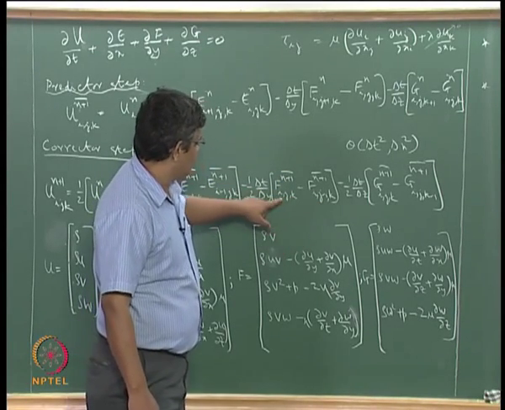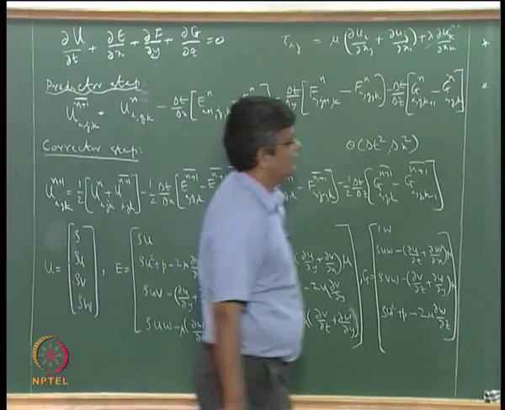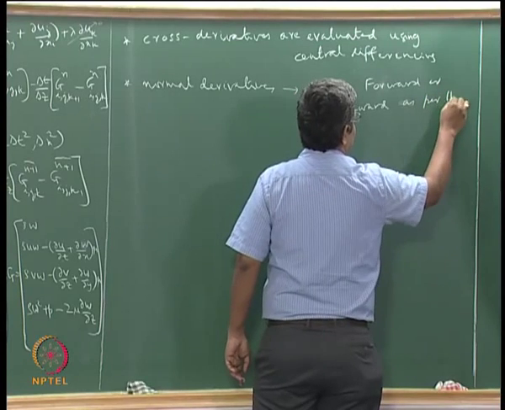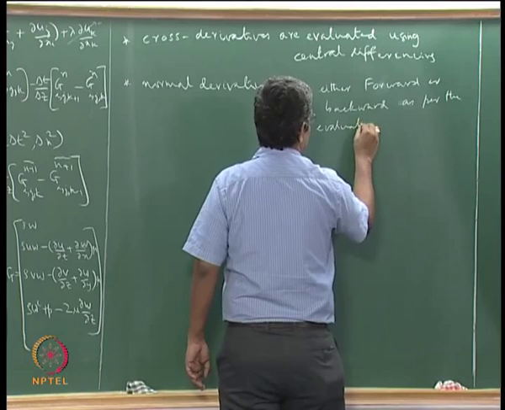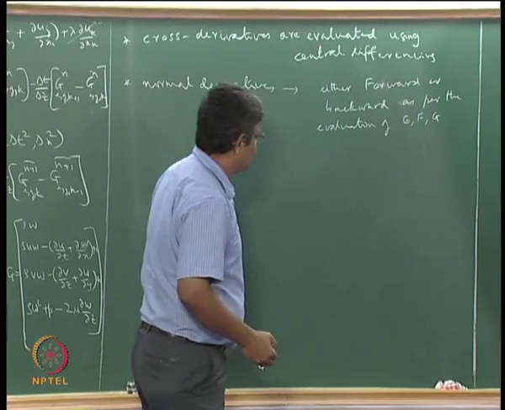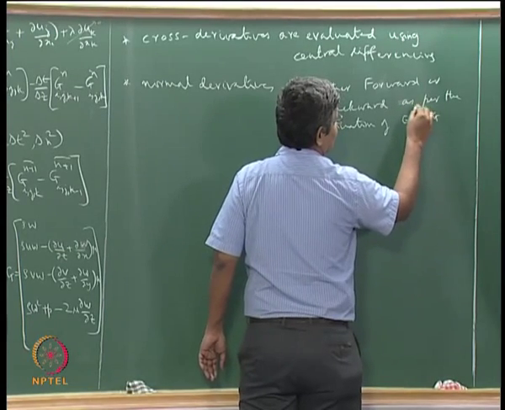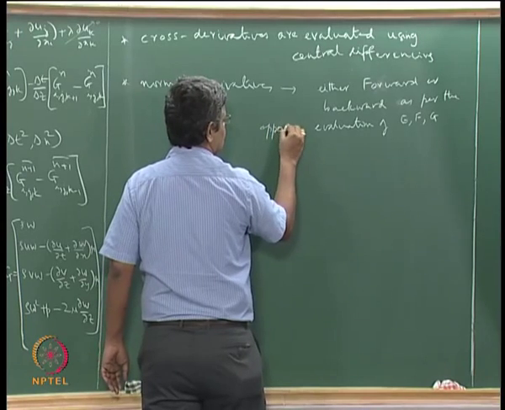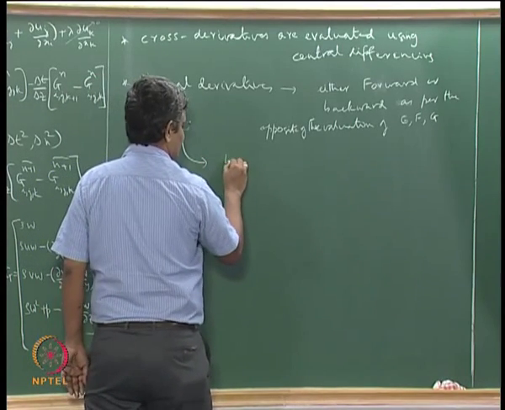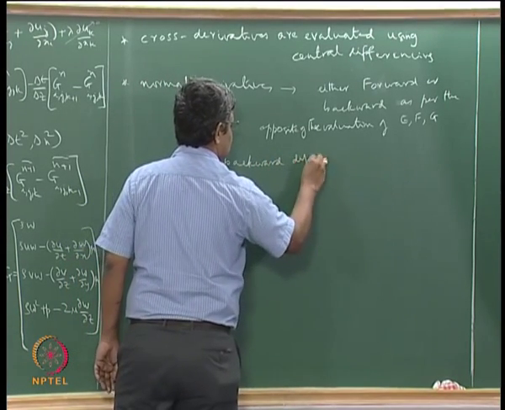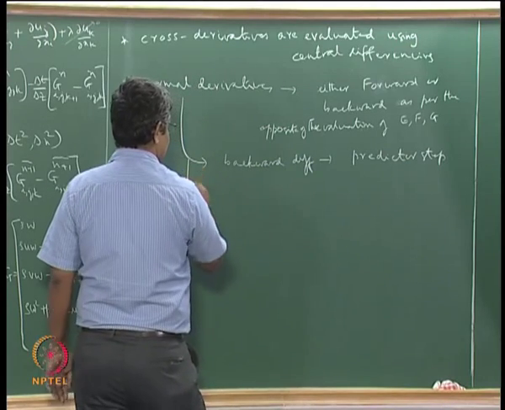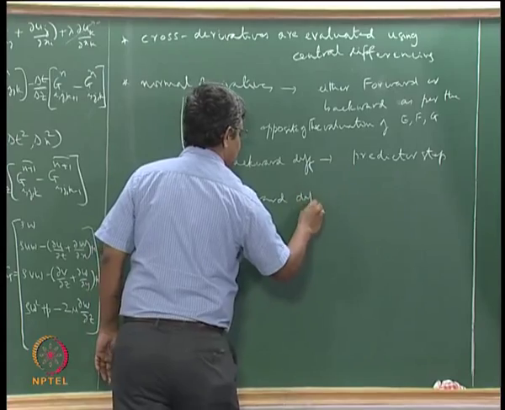So here one will use forward differencing for a term like dou u by dou y, as per the opposite of the evaluation of E, F, G. That is, the normal derivatives are evaluated using backward differencing in the predictor step and using forward differencing in the corrector step.